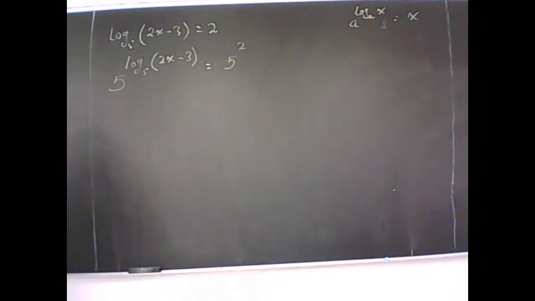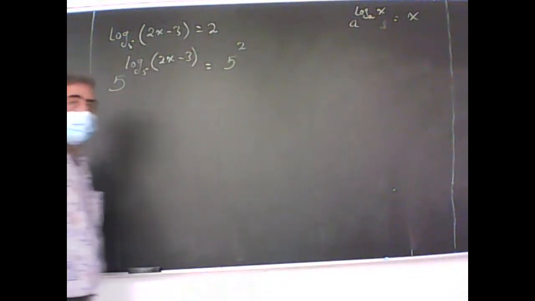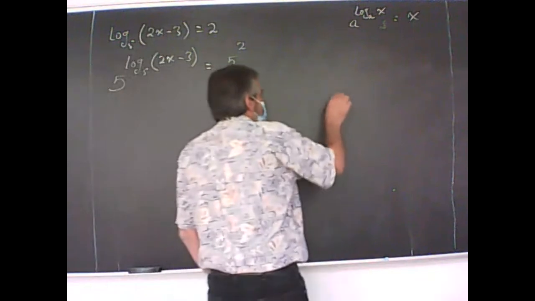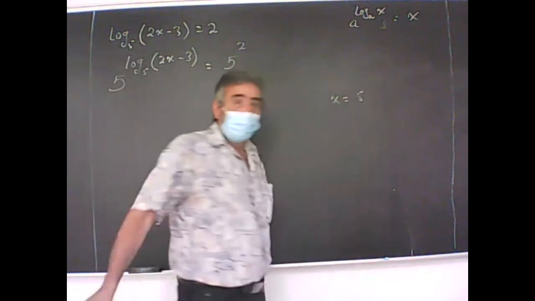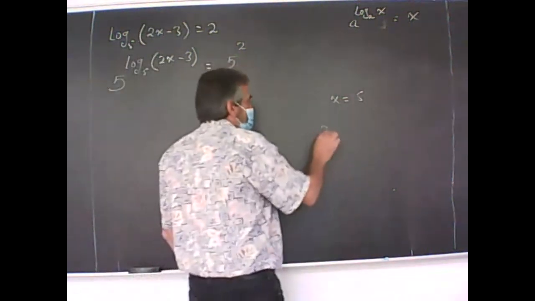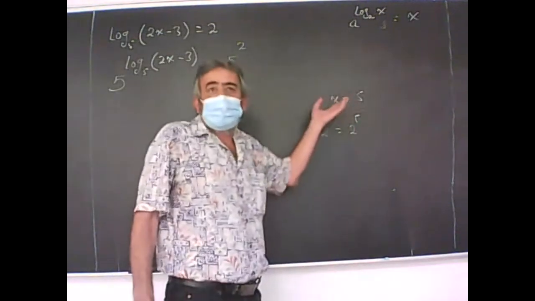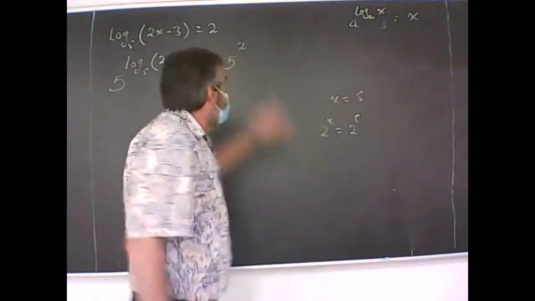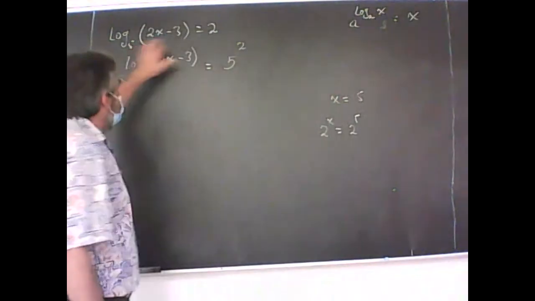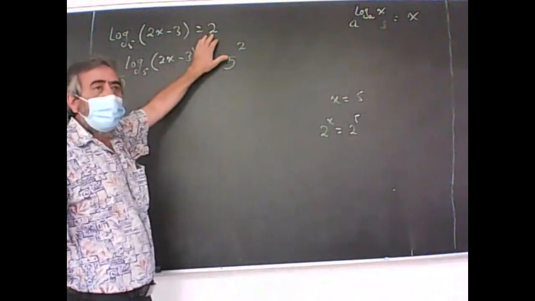Another way, if I have two numbers equal to each other, say if x is equal to 5, I can say 2 to the power x equals 2 to the power 5. Why? Because x is exactly 5. Same thing here. This and this are equal to each other, right?